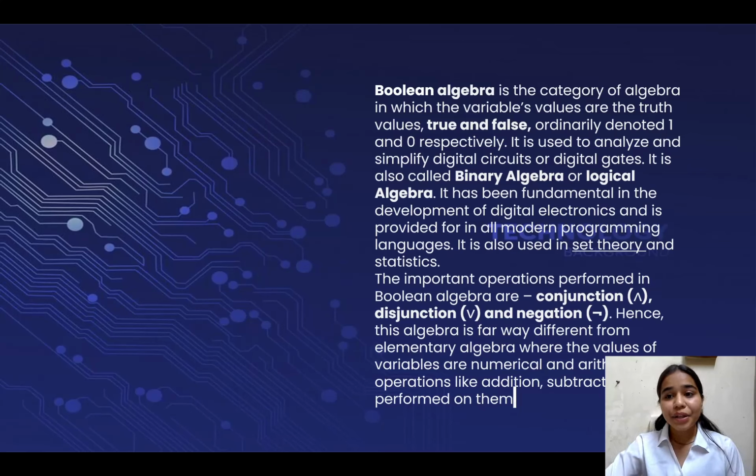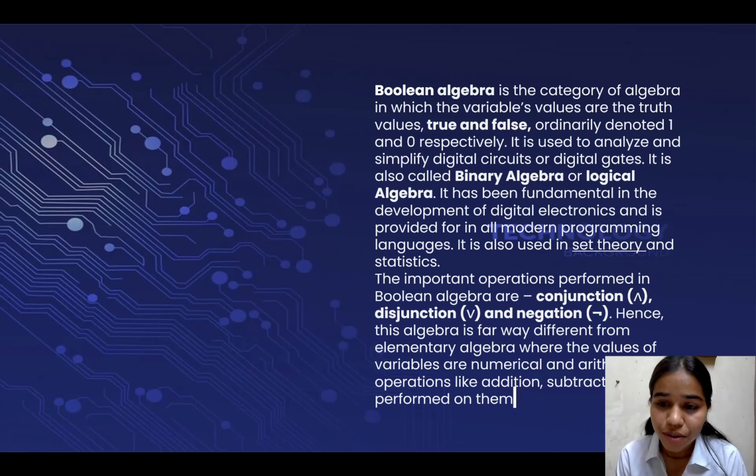Boolean algebra is a category of algebra in which the variable values are the truth values, true and false, ordinarily denoted 1 and 0 respectively. It is used for analyzing and simplifying digital circuits or digital gates. It is also called binary algebra or logical algebra. It has been fundamental in the development of digital electronics and is provided for in all modern programming languages.